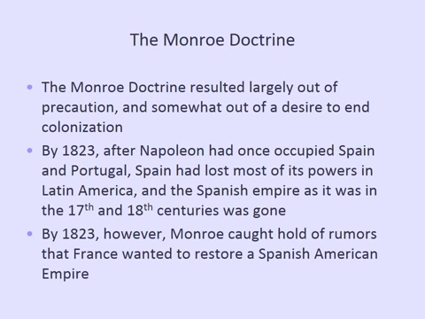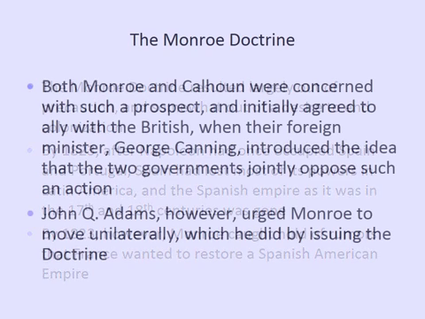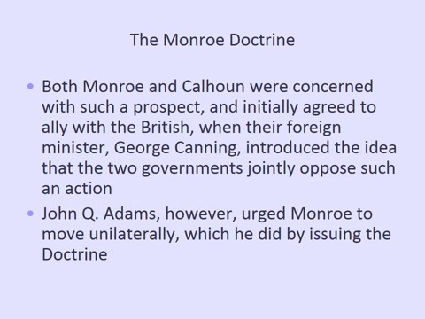By 1823, Monroe caught rumors that France wanted to restore a Spanish-American empire. Both Monroe and Calhoun were concerned with such a prospect and initially agreed to ally with the British when their foreign minister, George Canning, introduced the idea that the two governments jointly oppose such an action.